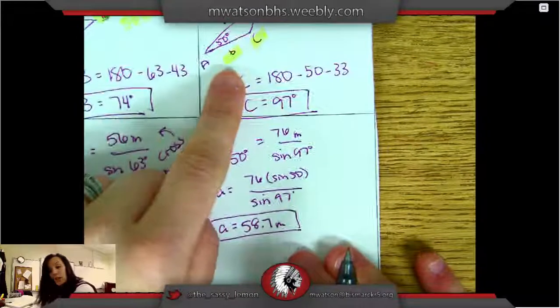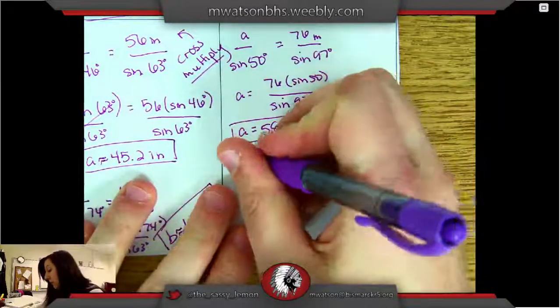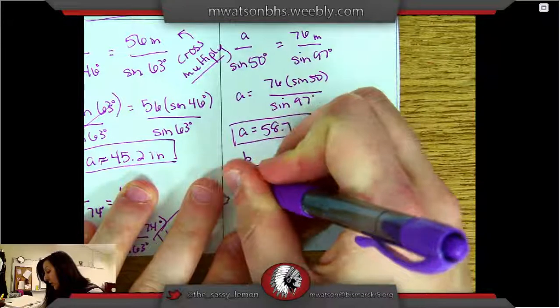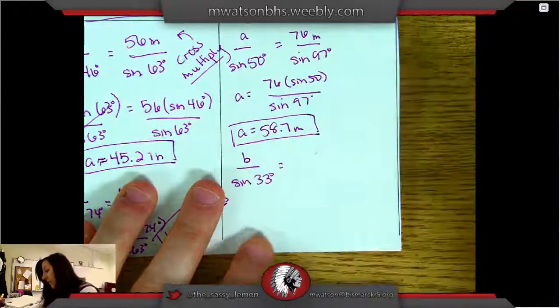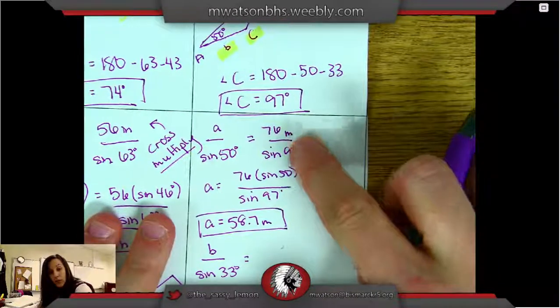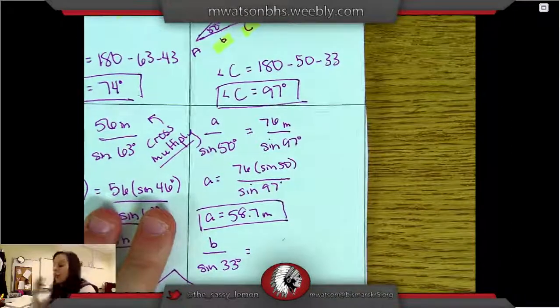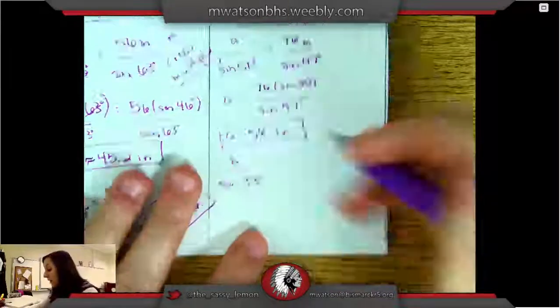We still have one more side length to find, that's B. So this time I'm going to put B over sine of angle B, which is 33 degrees, equals, and again, I'm going to just use the same ratio for the other part of my proportion so I can reuse my calculator buttons.